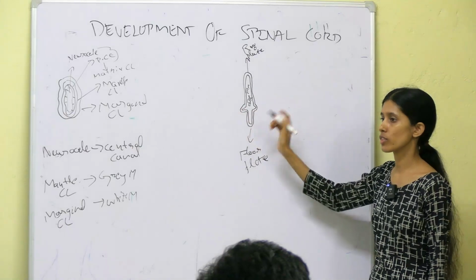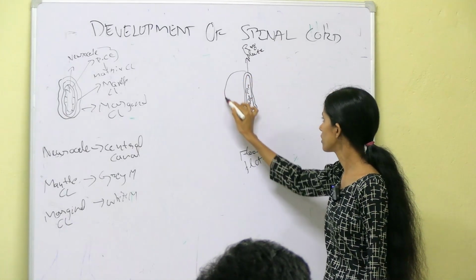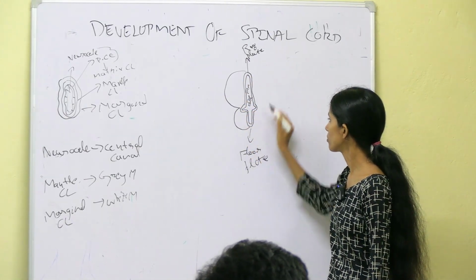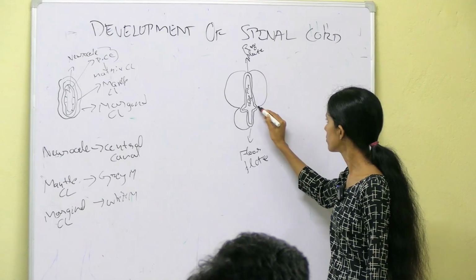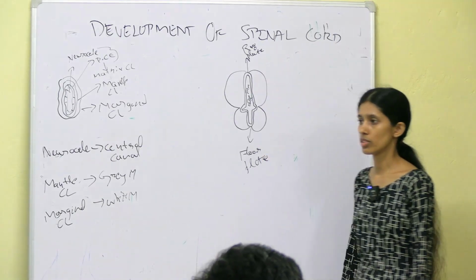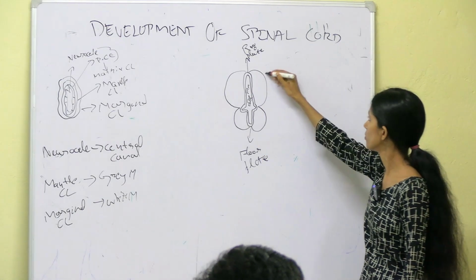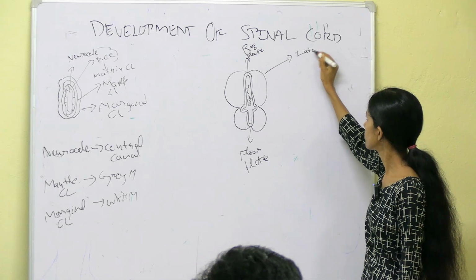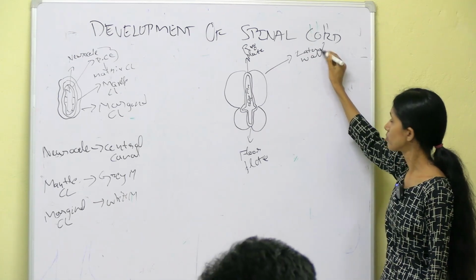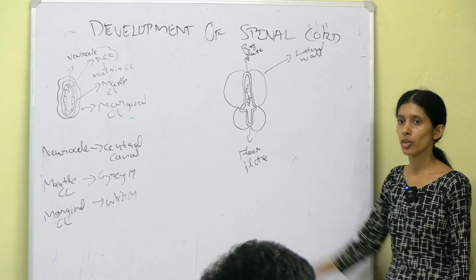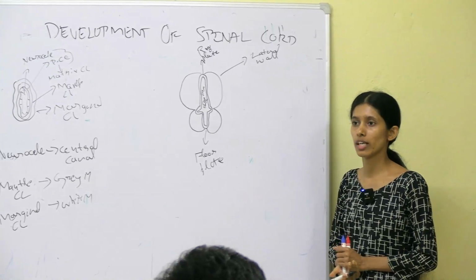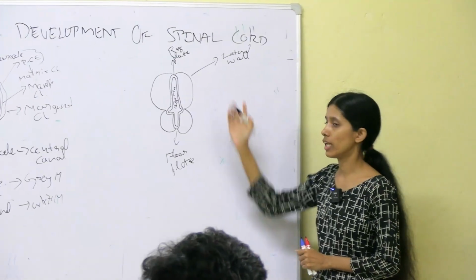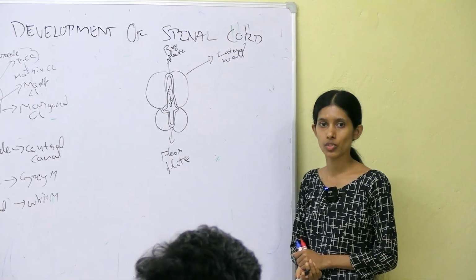On either side of the central canal, we can see the lateral wall, okay. This is the lateral wall. Your roof plate and your floor plate are thin in structure, and your lateral wall is thick in structure.